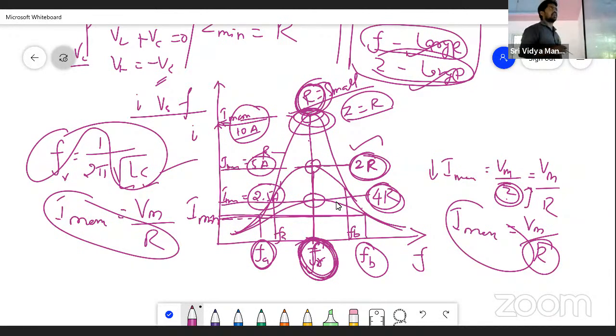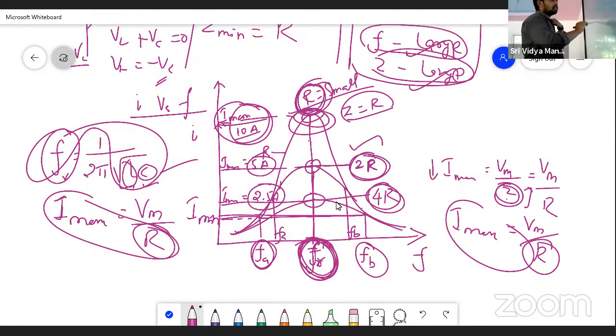R is small. If R is small, current is maximum. So the maximum current depends on resistance, but resonance frequency is independent of resistance. It depends only on L and C value. It is very important.